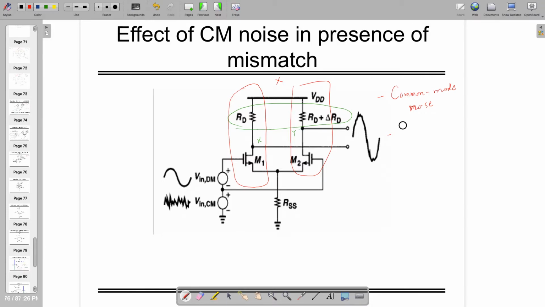So in that case even harmonics are also not zero. So this is what is going to happen when both the balanced networks are not equal.